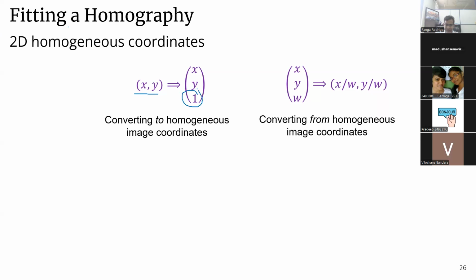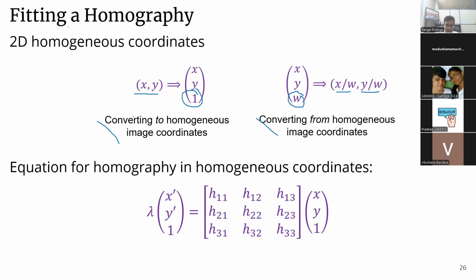We added a 1 at the bottom. But after computation, this 1 is not a 1, but some w. To go back to Cartesian form, you can divide by that number. X divided by w, y divided by w. So this is converting from homogeneous to image coordinates.